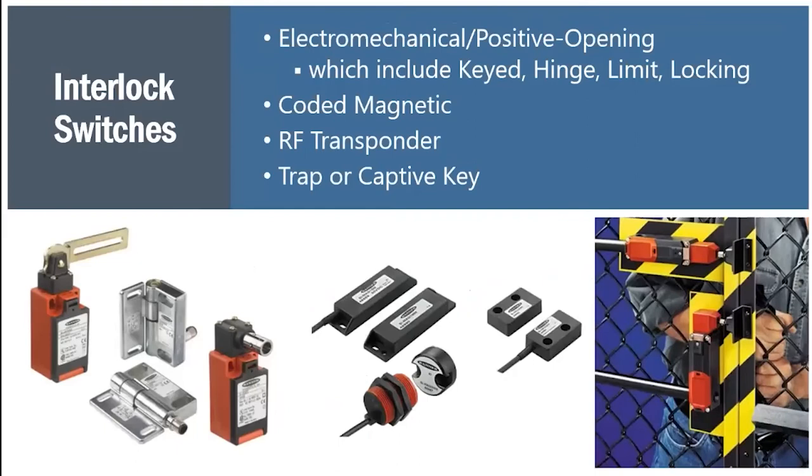So the first component we're going to talk about is interlock switches. There's a wide variety of interlock devices for all types of physical environments and all sorts of conditions, that interface with the machine control system to prevent inadvertent access to the hazard. It's important to know that interlocks can be linked to other things to restrict access to some of the non-mechanical hazards.